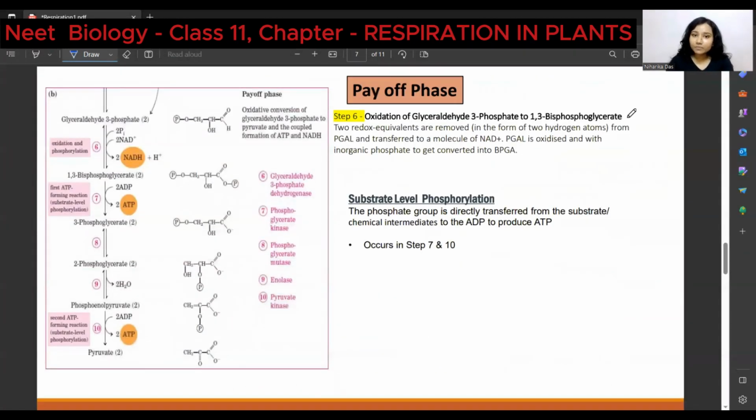In the first step of the payoff phase, we can see oxidation as well as phosphorylation happening. But in this oxidation, what is happening?